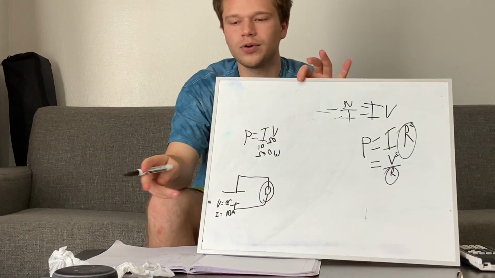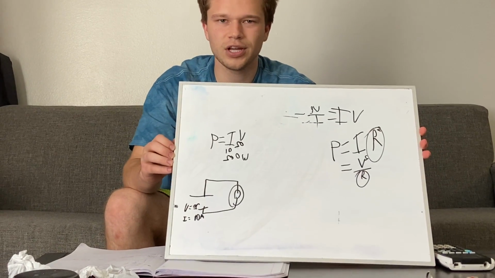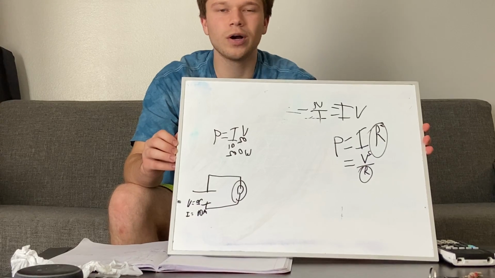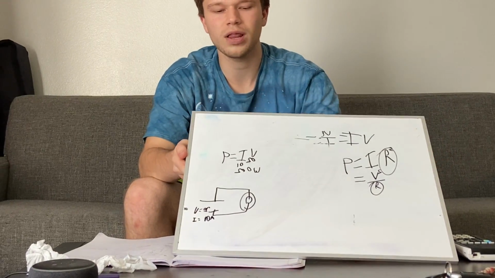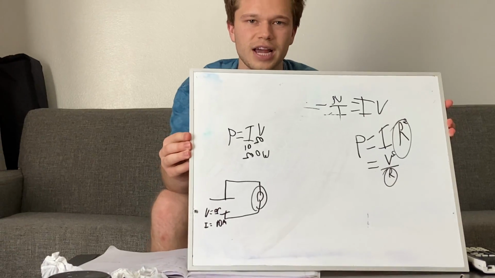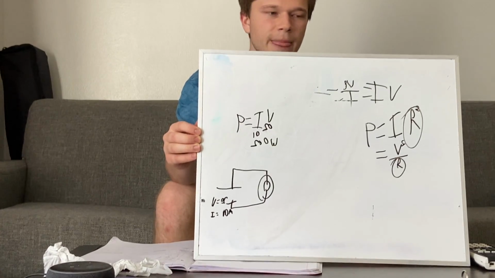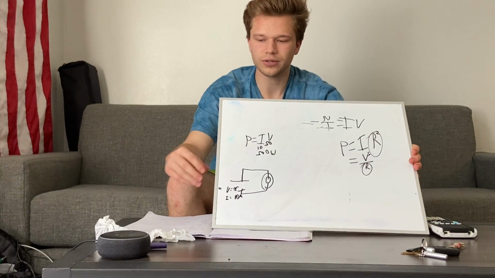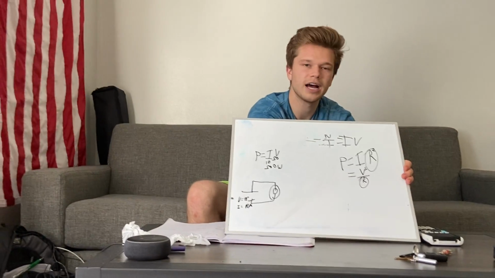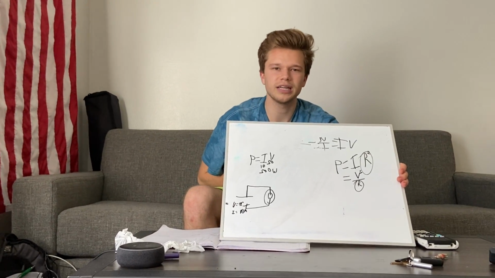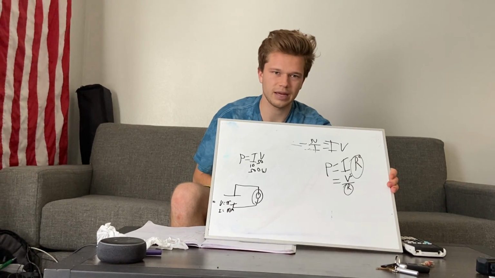So if we have a light bulb that is 20 watts versus 200 watts, we can say that the 200 watt light bulb is probably going to shine a little bit brighter because it has more energy going through it. And so power in an electric circuit, the watts, the energy over time, is directly related to the intensity of brightness of a light bulb.